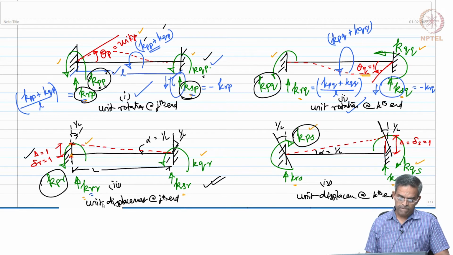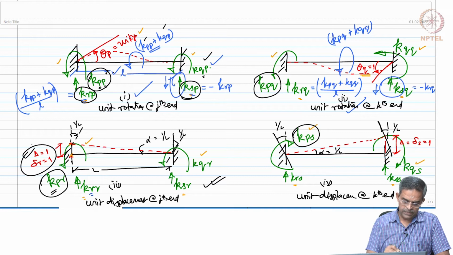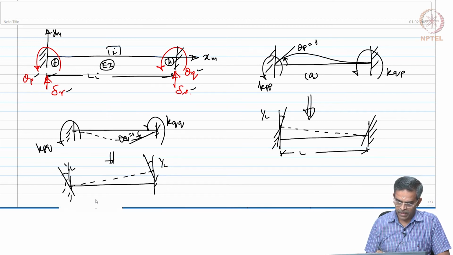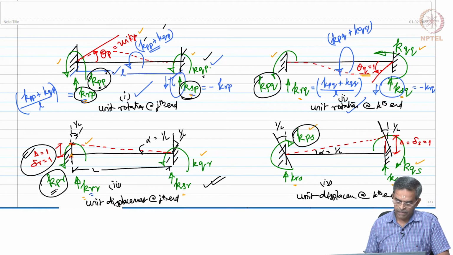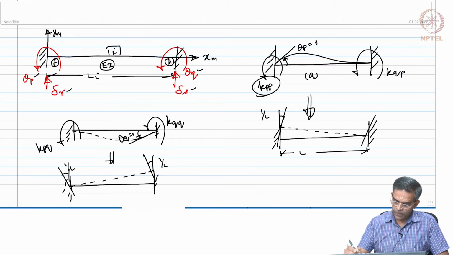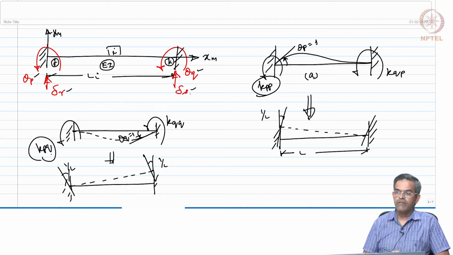let us say KPR is a moment which is invoked by giving unit displacement at the rth end. But can I write KPR as an effect of these two sum for unit rotation?